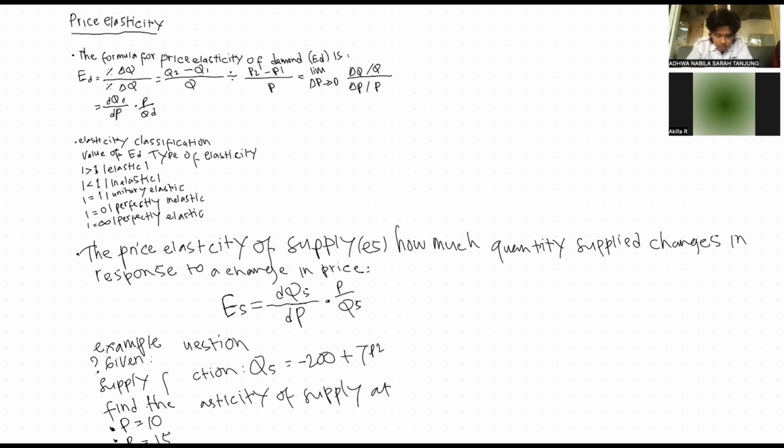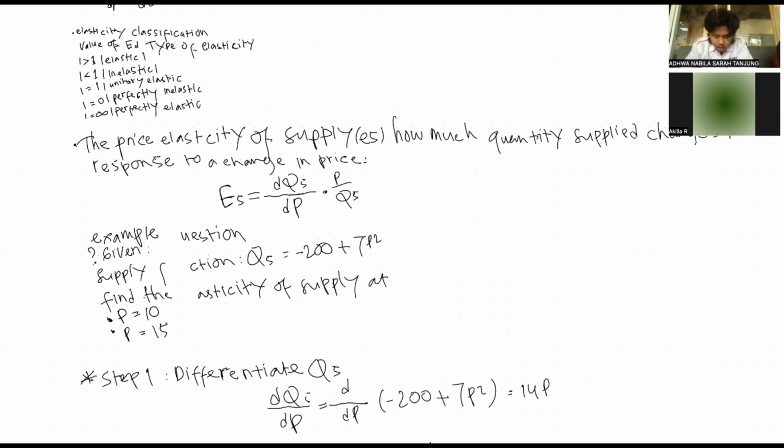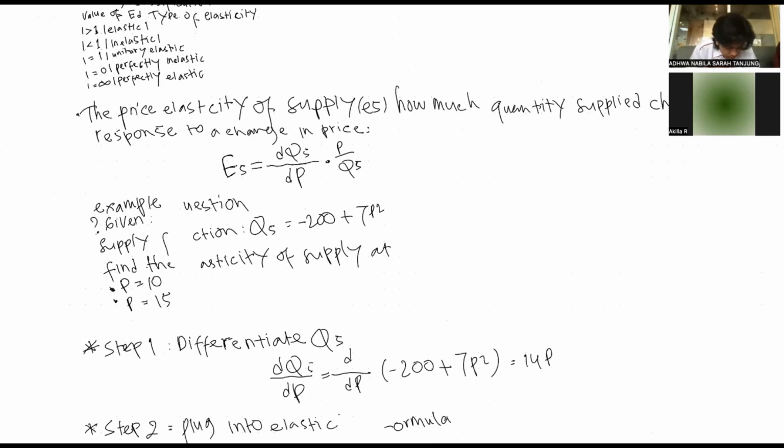E sub S equals dQ sub S over dP times P over Q sub S. Example, given supply function Q sub S equals minus 200 plus 7P squared.